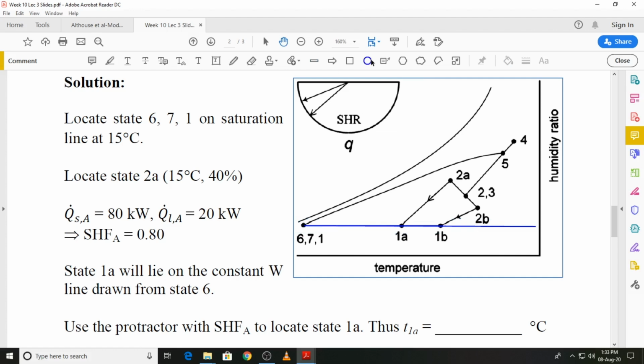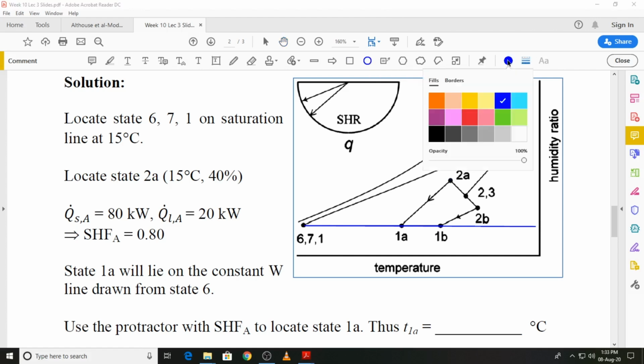We have now located state 2A, and I'll just mark it off. Let's give it a different color.